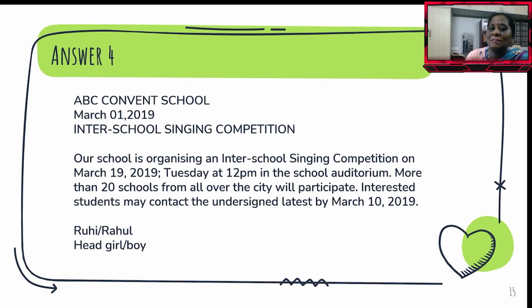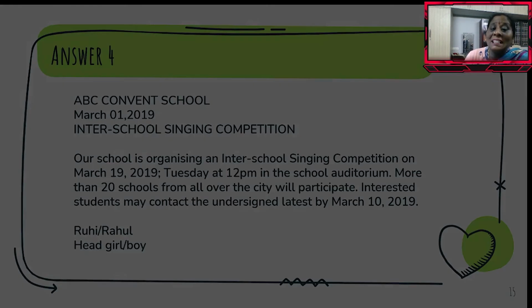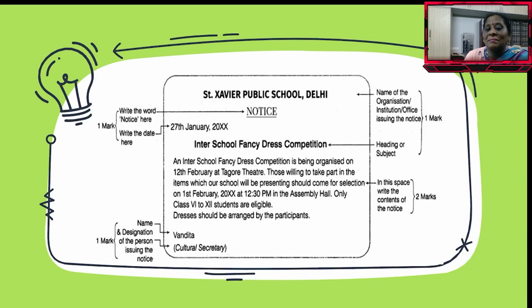Now, let's see. The name of the organization gets 1 mark. The notice, the date, that gets 1 mark. And here, this is for 5 marks. And then the content gets 2 marks. And the signing off, the signature gets 1 mark.